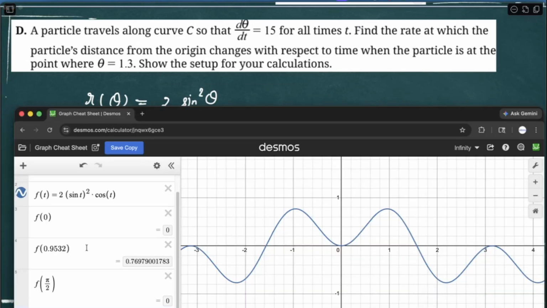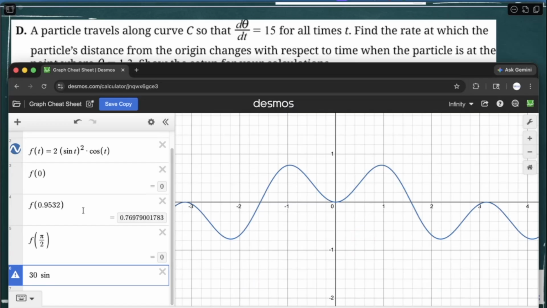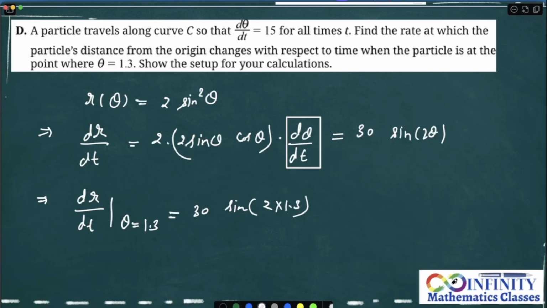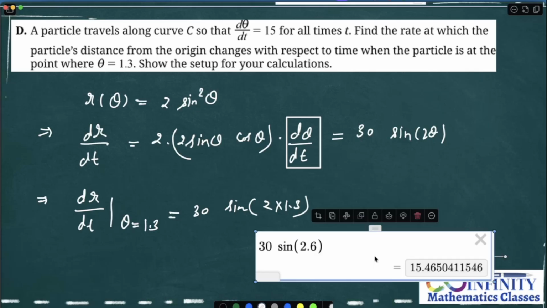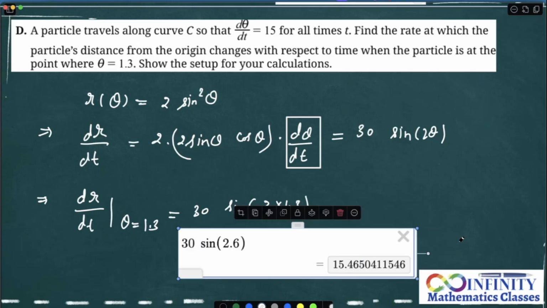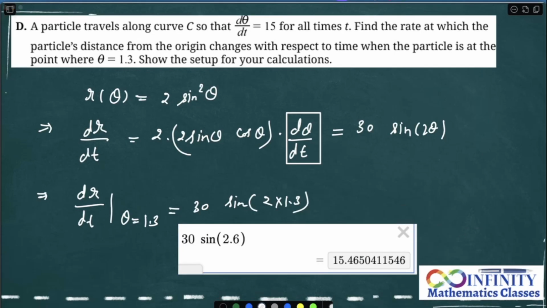Let us calculate 30 multiplied by sine 2.6. What is the value? 15.4654. This is the rate of change we are getting. Any doubt?